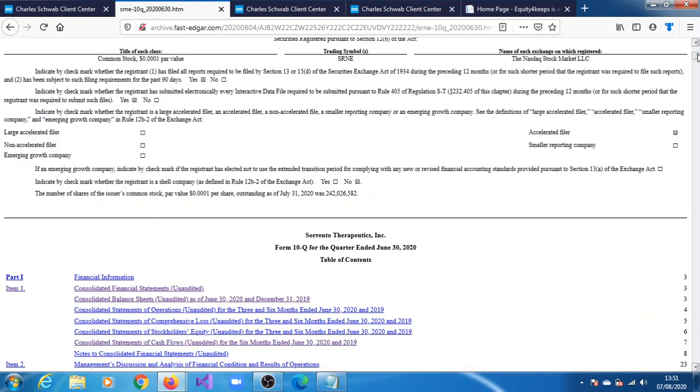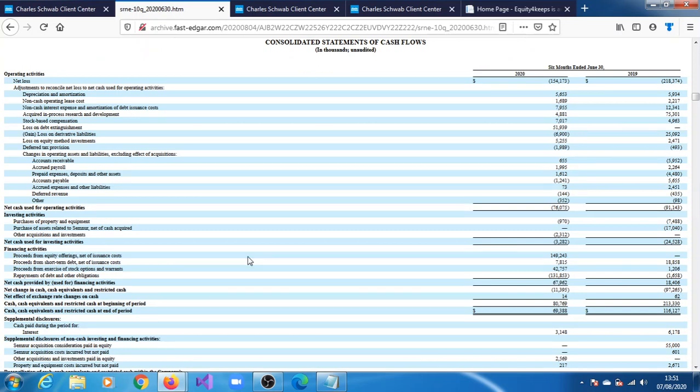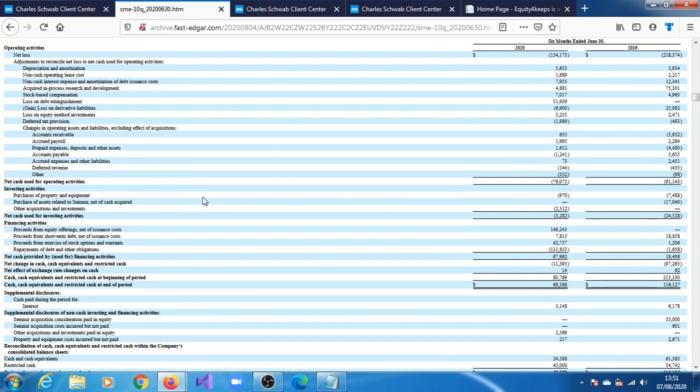Okay, moving up now, we go back to the cash flow. So for that quarter, adjustments to reconcile net loss to net cash used for operating activities. Net loss is 154,173. Gain or loss on derivative liabilities, 66 million.